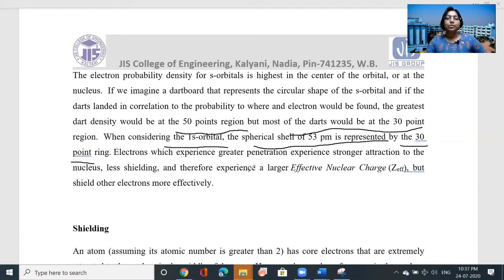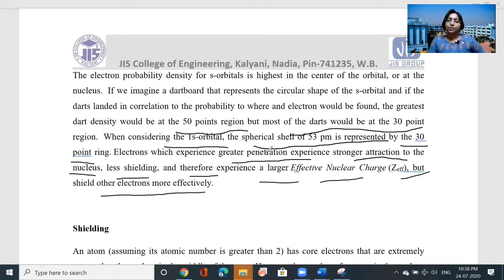Electrons which experience greater penetration experience stronger attraction to the nucleus, so less shielding, and therefore experience a larger effective nuclear charge, but shield other electrons more effectively.